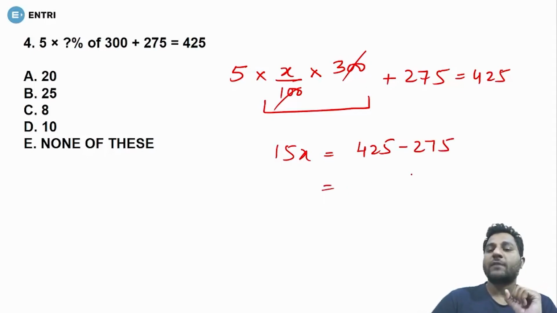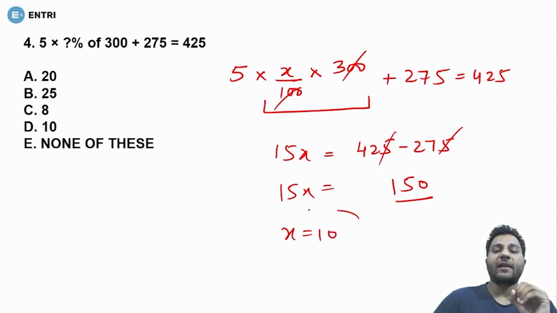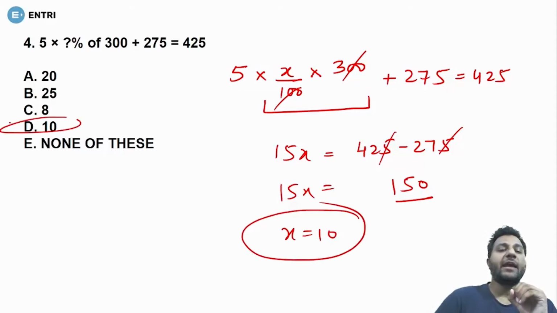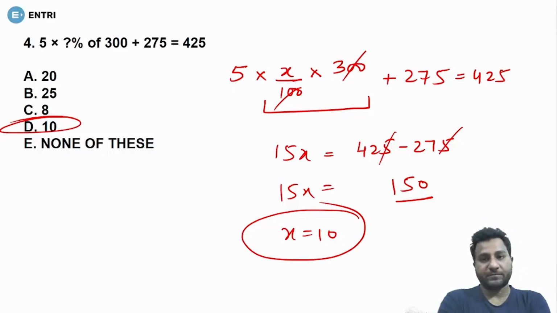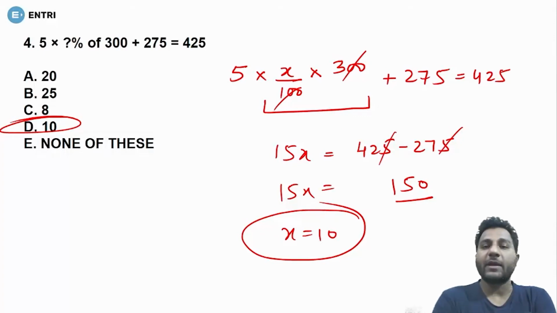Now how can you solve that? 5 will be eliminated, and it will become 15. So 15x equals 150. That means the value of x arrived as 10. Hence your option D will be the correct one. Alright. So you just need to learn the concept. If you're learning the concept efficiently, you will clear any of the examinations.